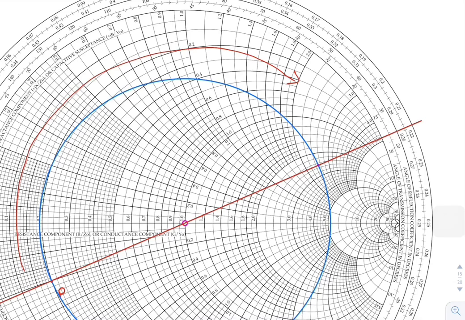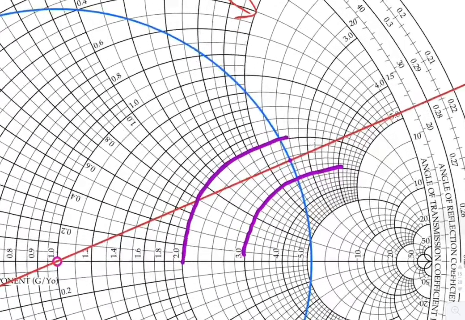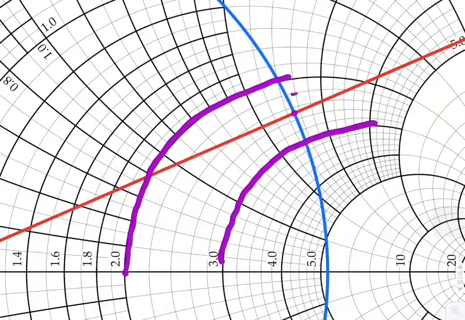The value of r and x at this point is, this curve is r equal to 3.0 and this curve is r equal to 2.0. If you zoom this part, this line is 2.2, this line is 2.4, this line is 2.6. That means this point is in between 2.4 and 2.6, therefore r equal to 2.5.